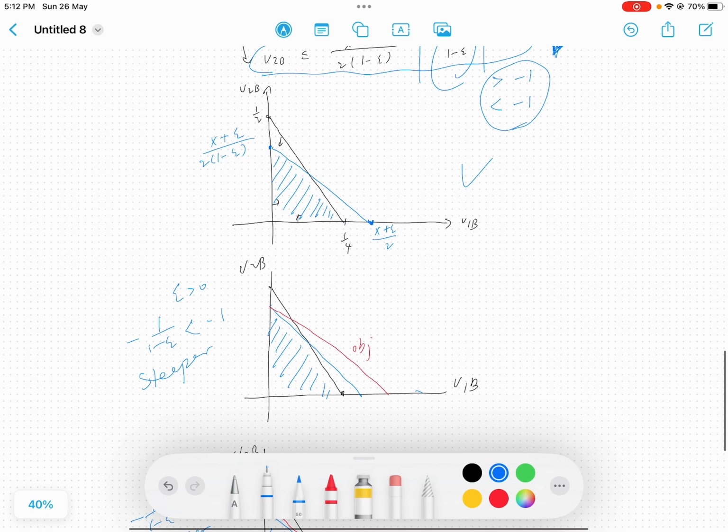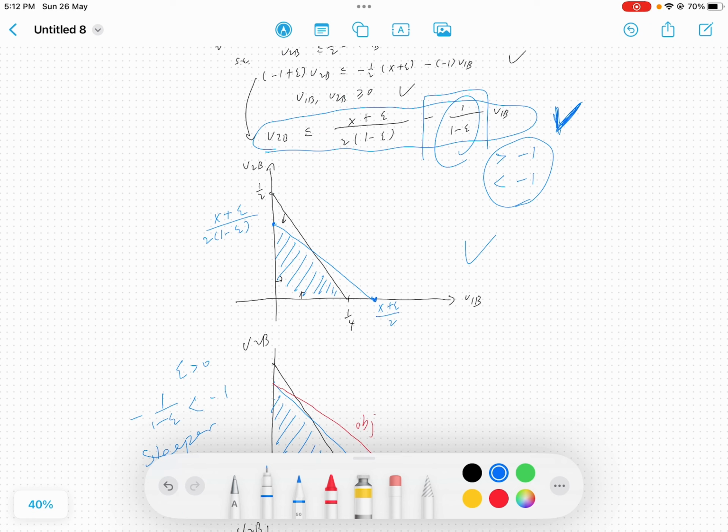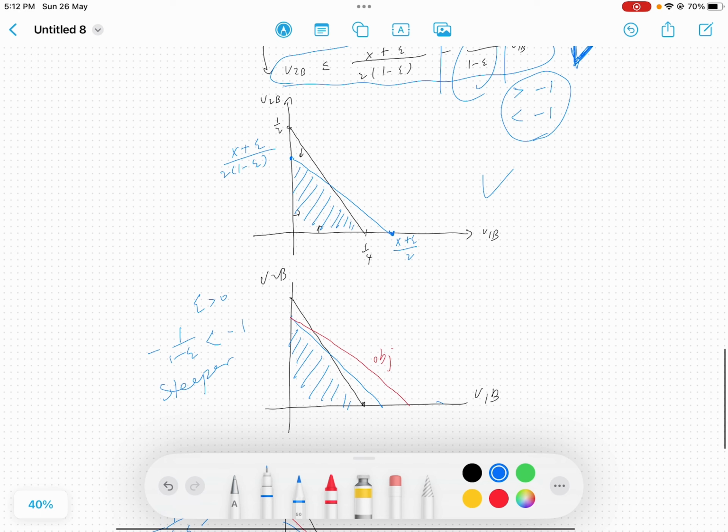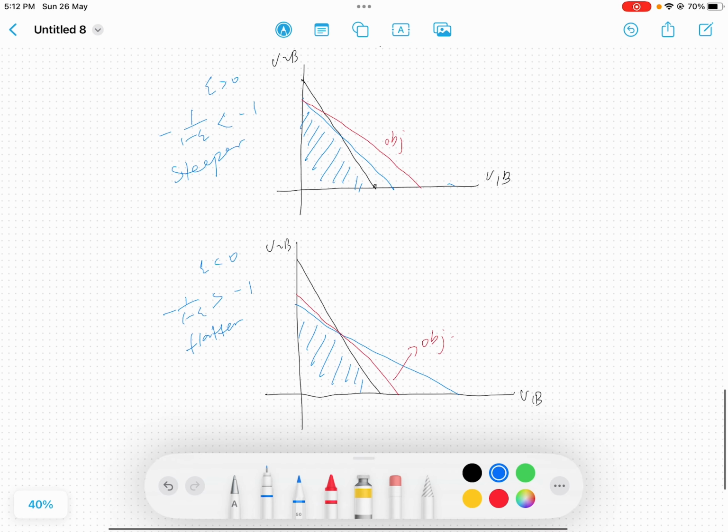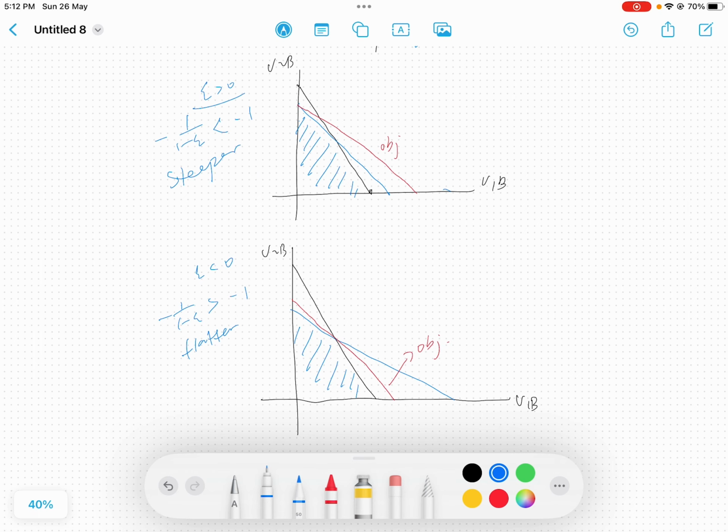Actually that has a downward slope of 1 over 1 minus epsilon, and we're trying to discuss the value of this epsilon here. Specifically, if epsilon has a positive value, this means that minus 1 over 1 minus epsilon is less than minus 1, so this line is steeper than a line with negative 1 slope.